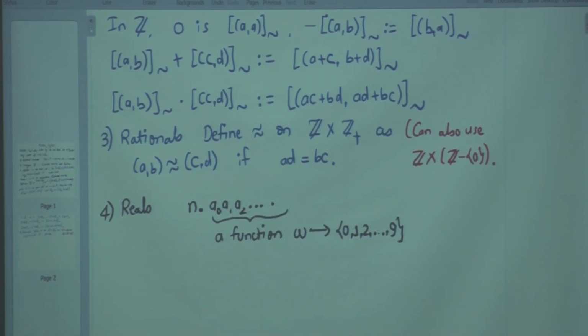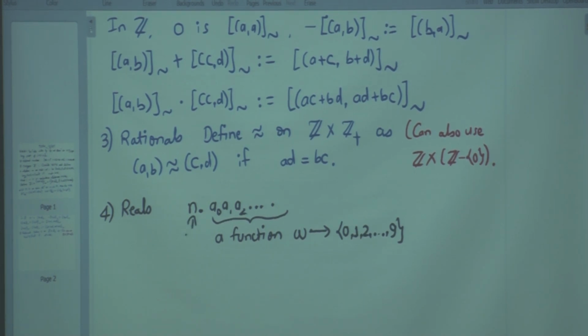Okay, so this is a function and this is one element from integers. n simply belongs to integers. So now we have to take Z cross functions from omega to 10.